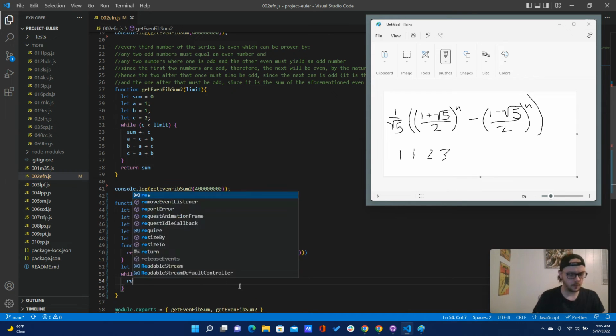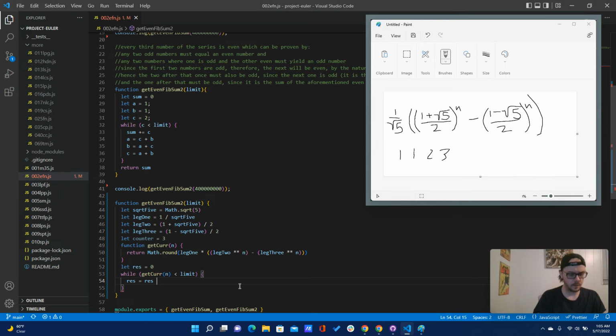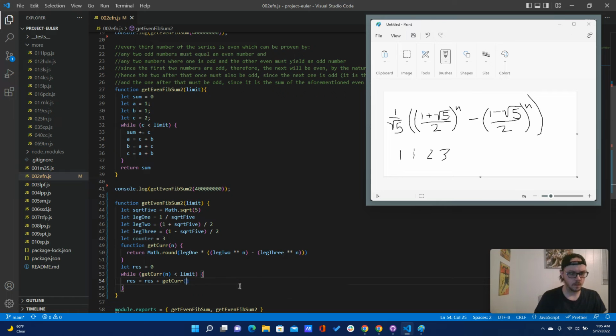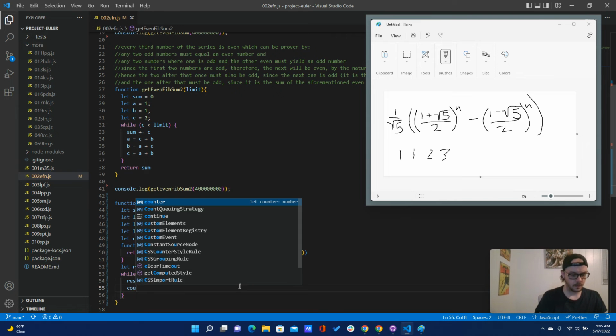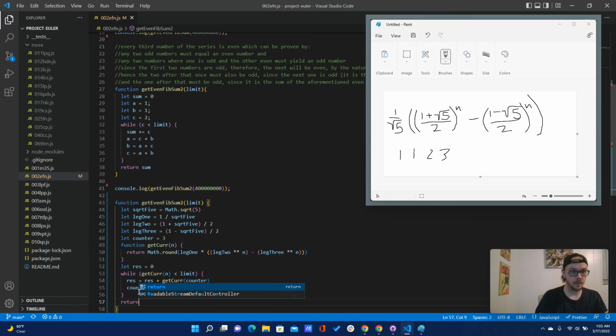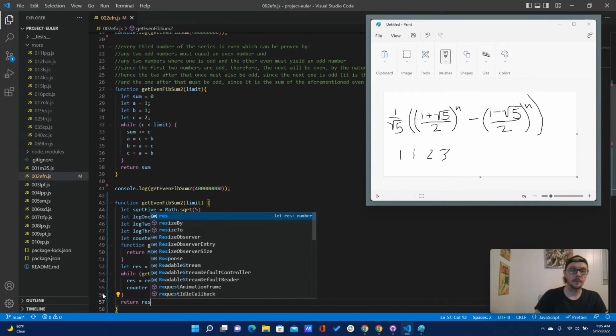So let's say res equals res plus get per n, nope, count. Counter equals counter plus 3. And then we'll do return res. Okay.